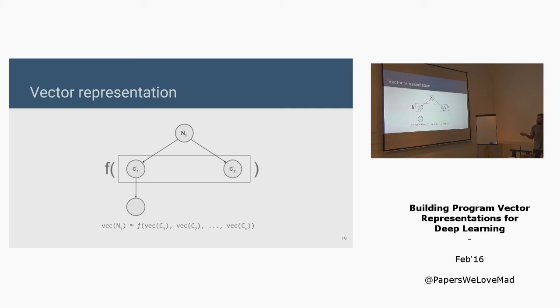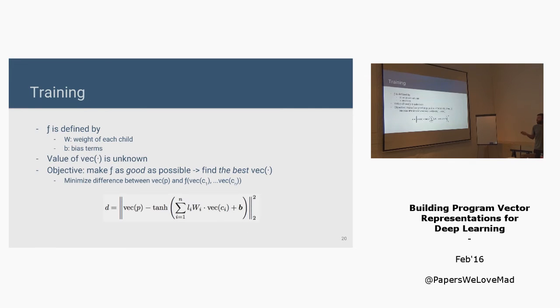But in this case, this is another sample. This would be, for instance, a function definition. This would be a function definition as well, but these have different children under. What we are trying to find is this function that, given this and this, gives us a vector representation. So in order to do that, we need to describe the training process.